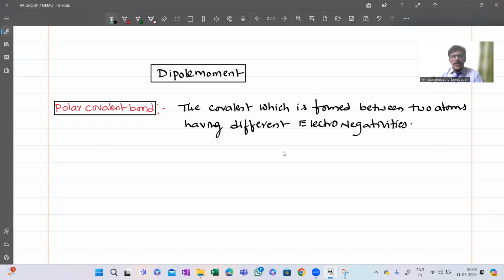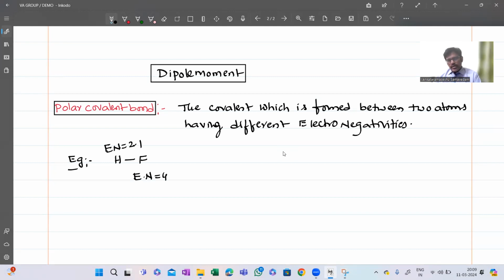Let us take an example. Take a general example, if I take hydrogen and fluorine. Here hydrogen is having electronegativity 2.1, and fluorine is having electronegativity 4 according to the Pauling scale of electronegativity.